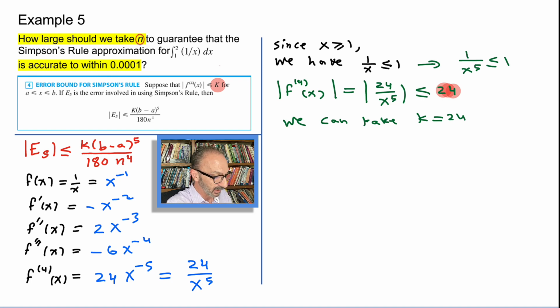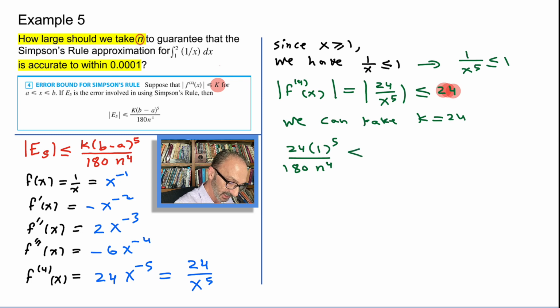For an error less than 0.0001, we should choose n so that 24 times 1 to the power 5 over 180 n to the 4 should be less than 0.0001.